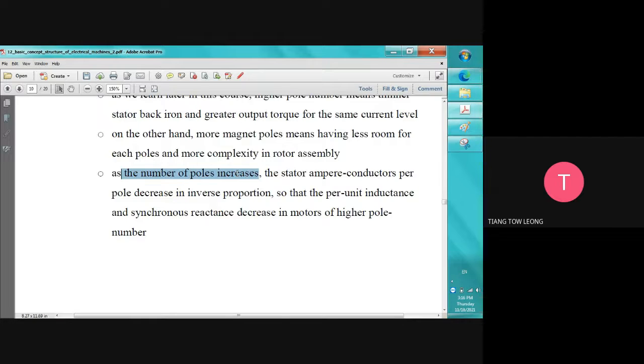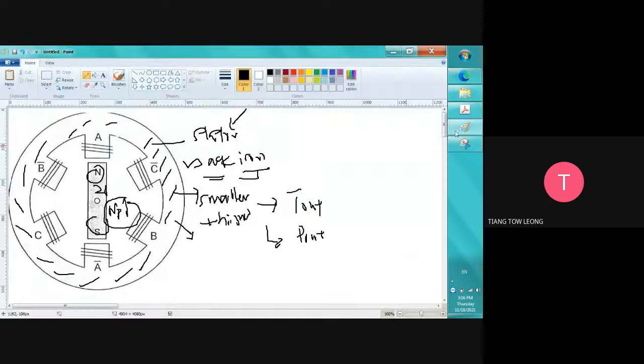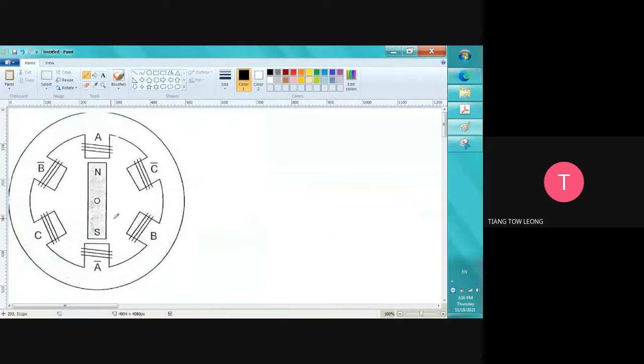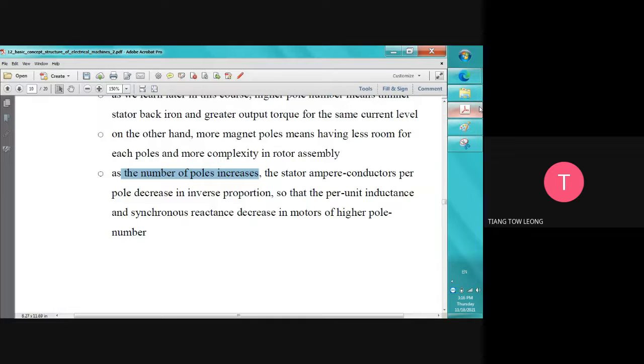When the number of poles increases, NP from 2 becomes 10, for example, what happens? The stator ampere conductor per pole decreases.